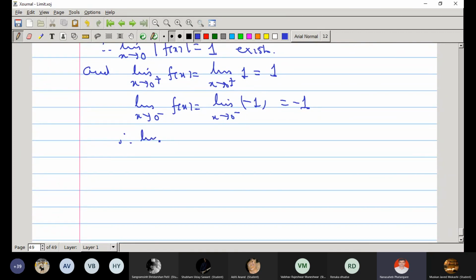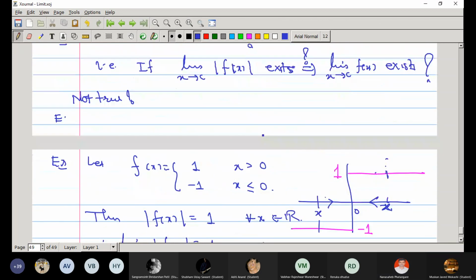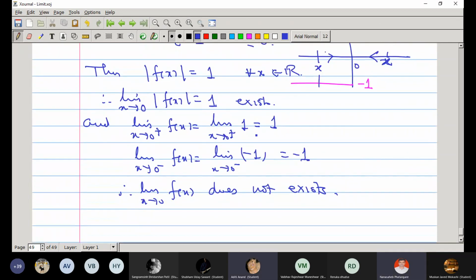So can we say that the limit as x tends to 0 of f(x) does not exist? Correct? Yes, sir. Therefore, the absolute value function has a limit, but the original function does not have a limit. So the converse is not true.